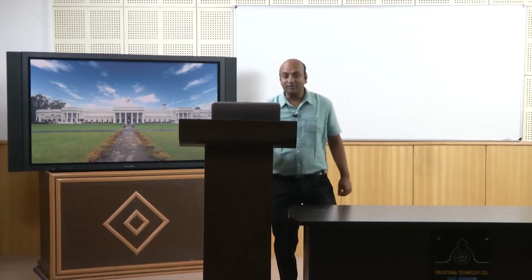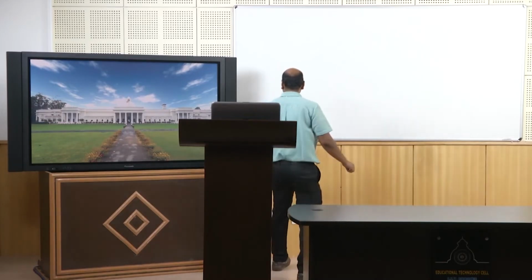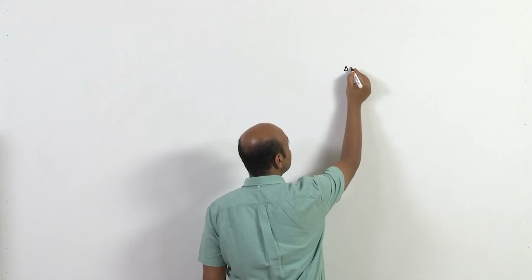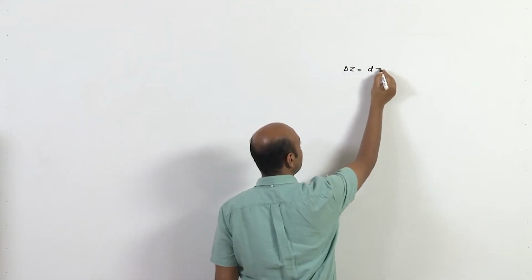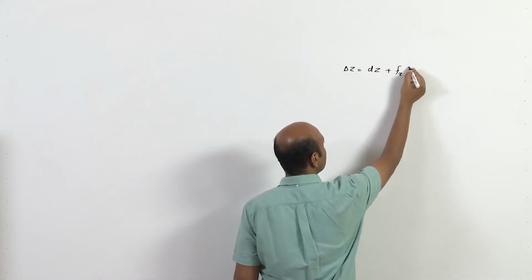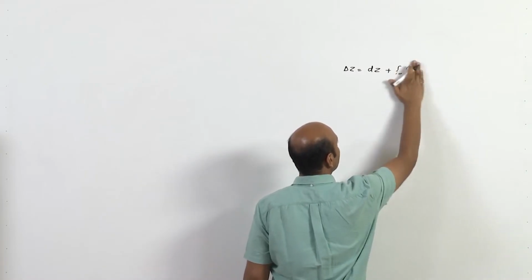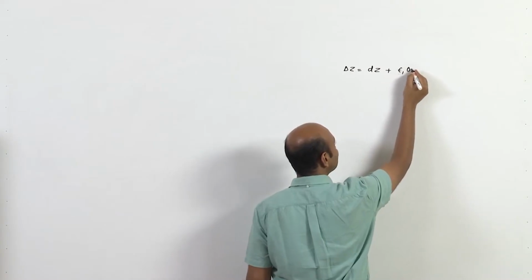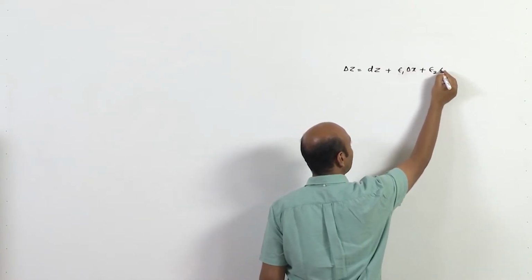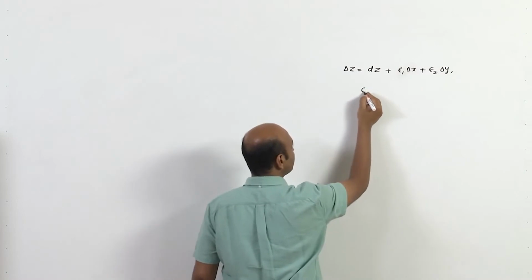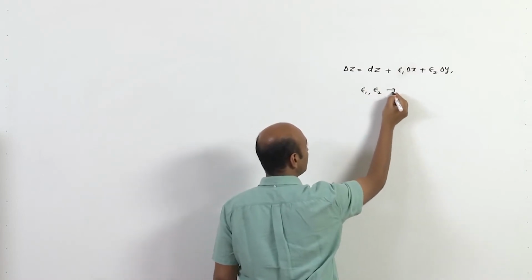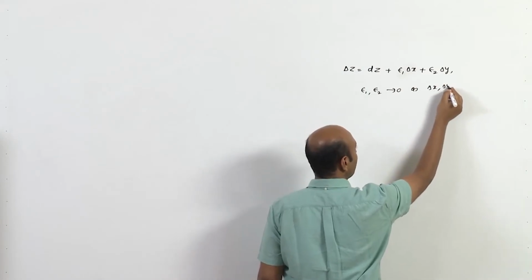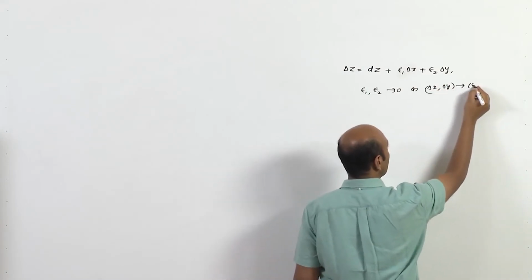To prove whether a function is differentiable at a point or not, we have to show either delta z is equal to dz, which is fx at (x naught, y naught) delta x plus fy delta y, plus epsilon 1 delta x plus epsilon 2 delta y, where epsilon 1 and epsilon 2 should tend to 0 as (delta x, delta y) tends to (0, 0).